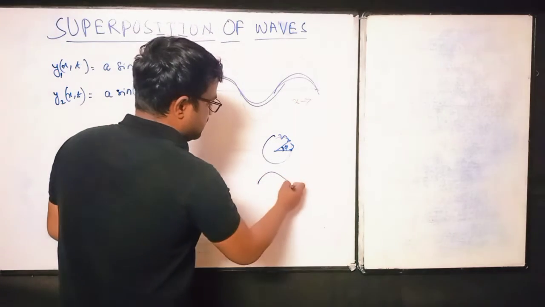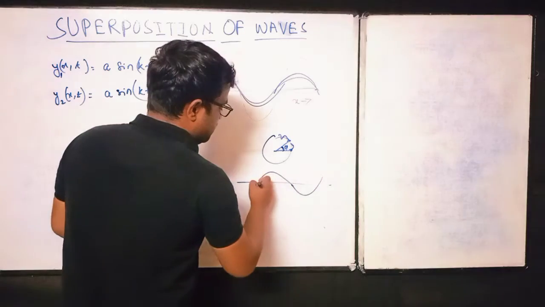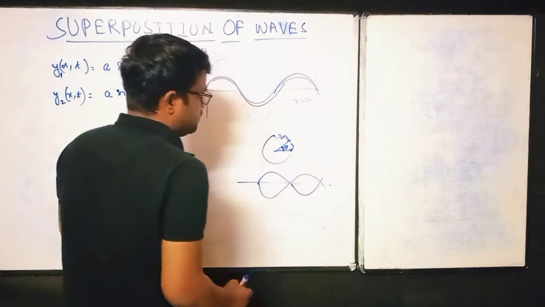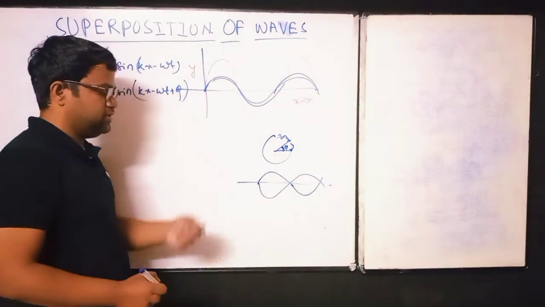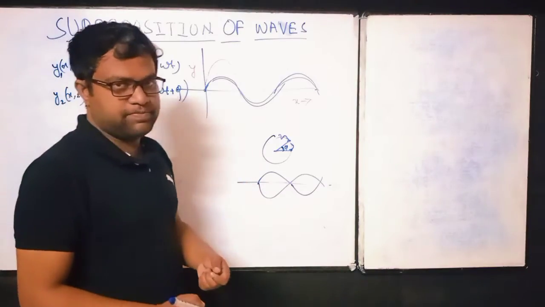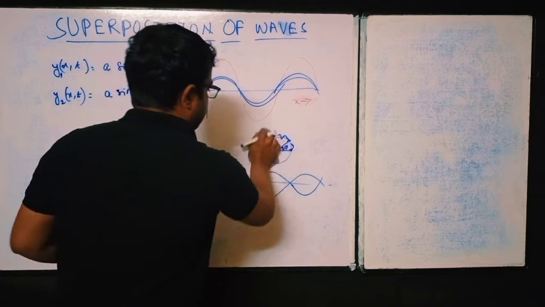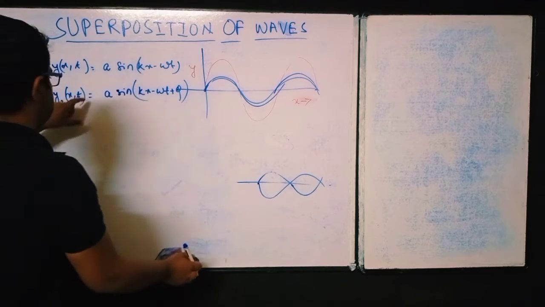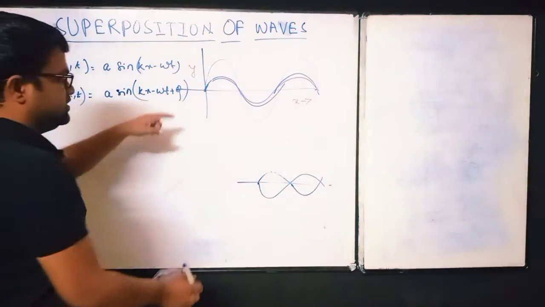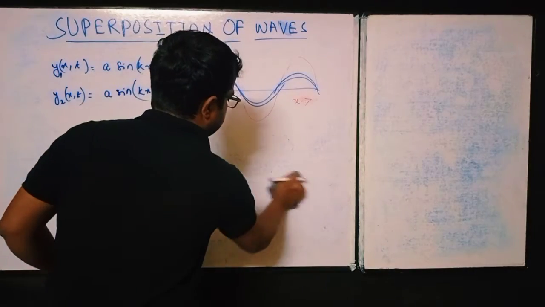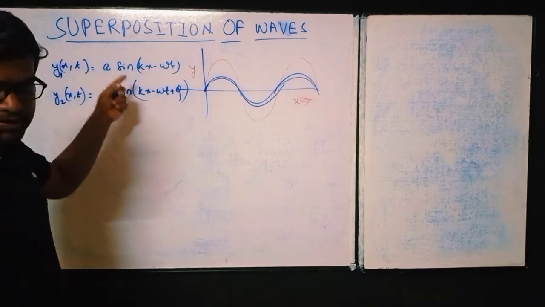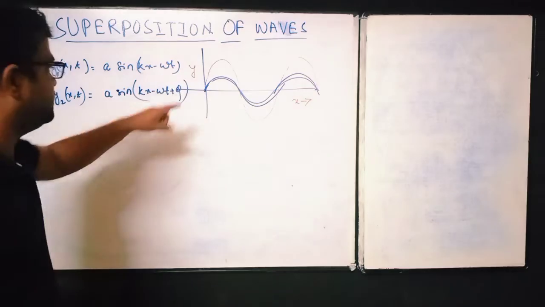Suppose one wave is moving like this, another wave is exactly opposite like this, so we can say it's out of phase. The phase difference is pi. So here we have taken a phase difference. These two waves, everything is the same, only phi is extra. That means both the waves differ only by a phase difference phi.